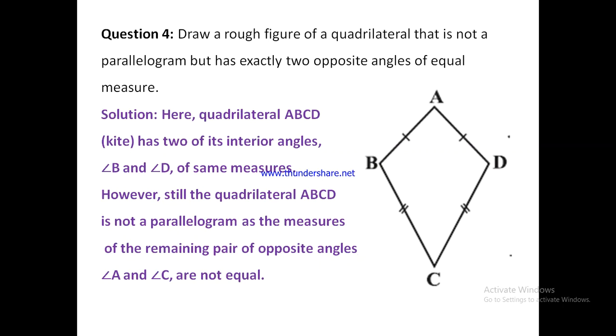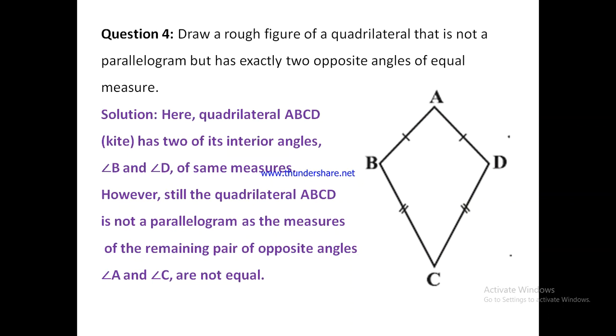Next, question number 4. Draw a rough figure of a quadrilateral that is not a parallelogram but has exactly two opposite angles of equal measure. So, here quadrilateral ABCD, which is a kite, has two interior angles, angle B and angle D. These two non-vertex angles are of the same measures.